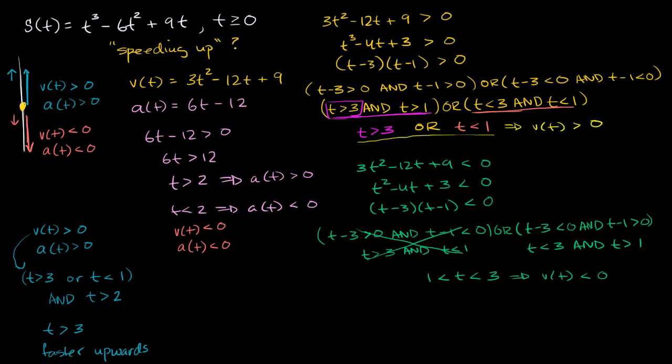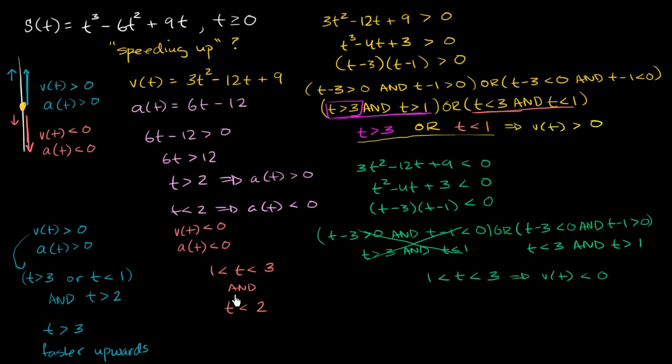And now let's think about when we are getting faster in the downward direction. When is our velocity less than 0? Well, our velocity is less than 0 when 1 is less than t is less than 3. And when is our acceleration less than 0? So this has to be true, and our acceleration has to be negative, and t has to be less than 2.